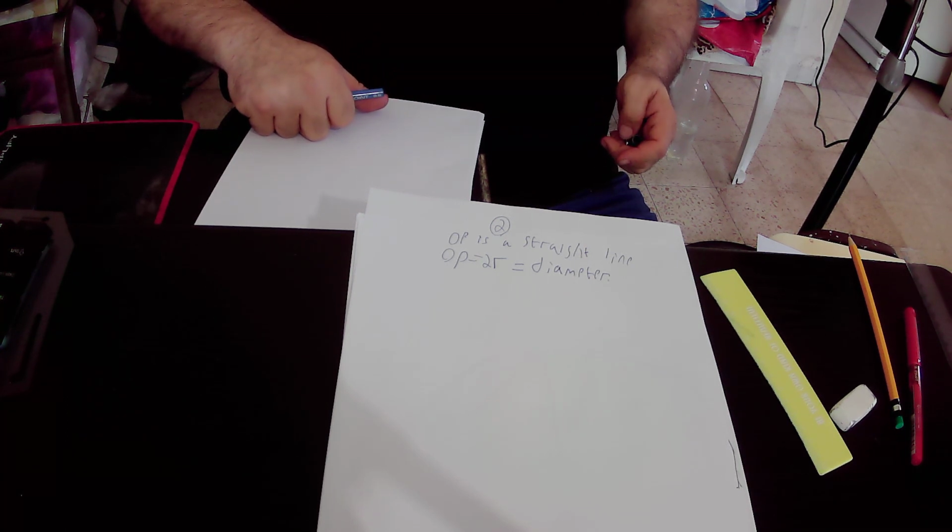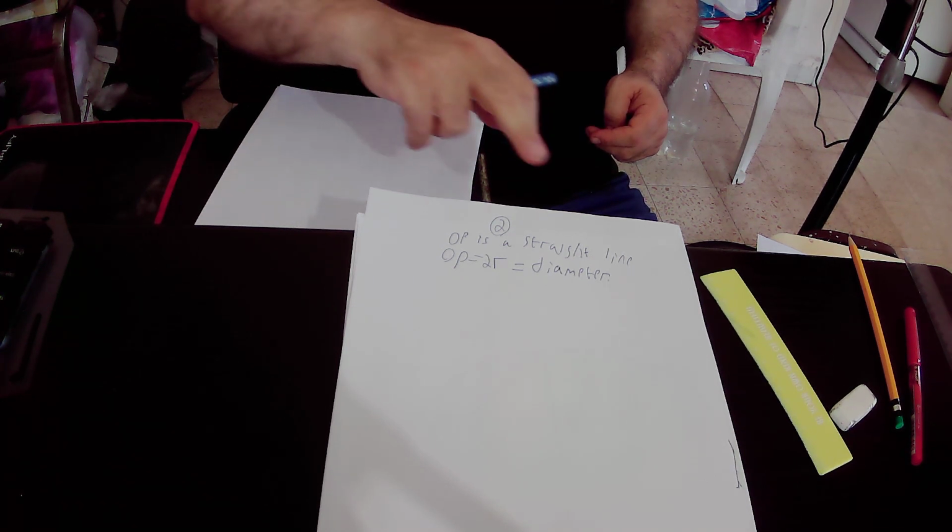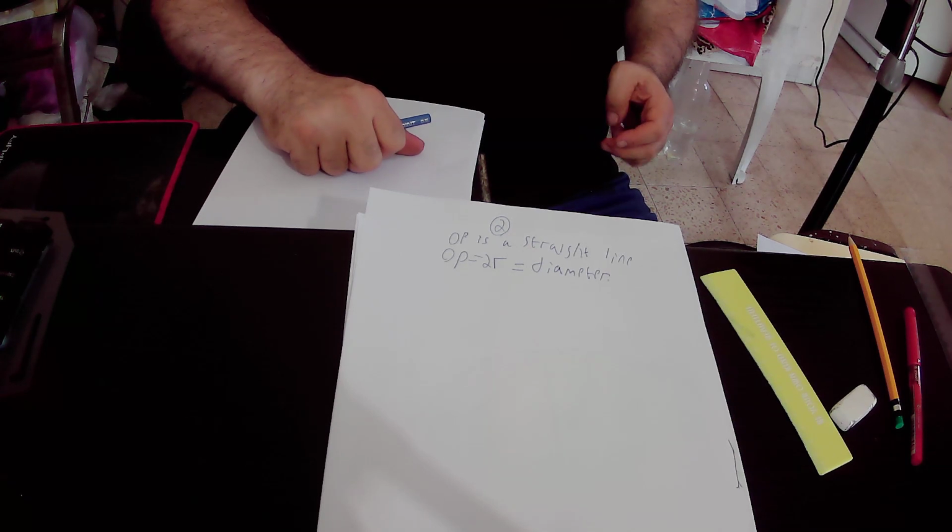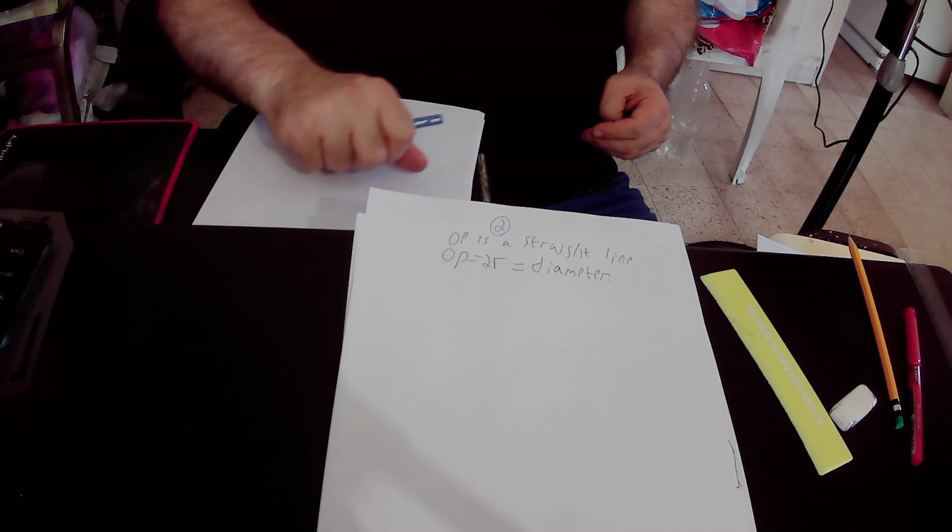Okay, first of all, from rule number 1 we can deduce that OP is a straight line, and the second conclusion is that OP is also 2 times the radius, so OP equals the diameter of the yellow circle.